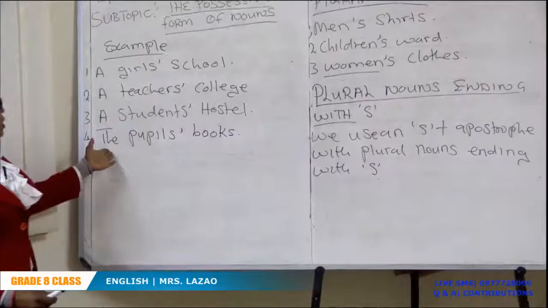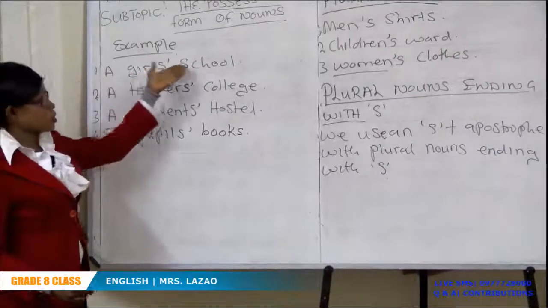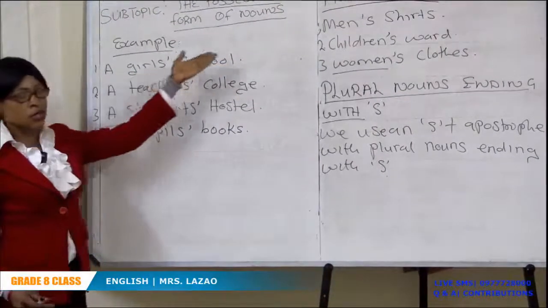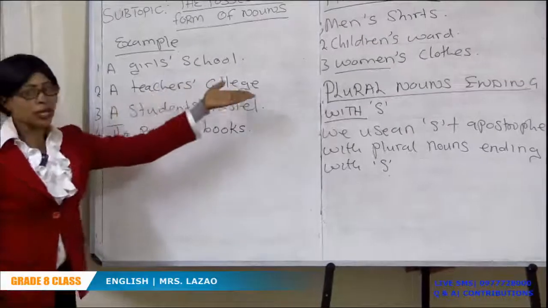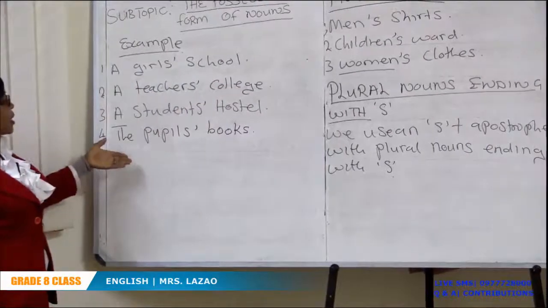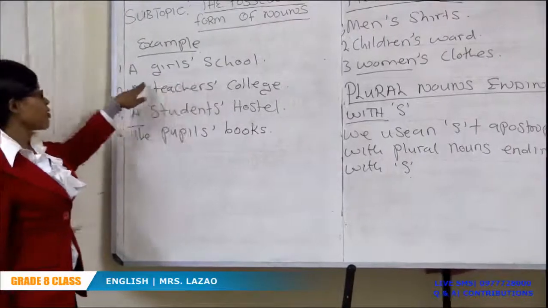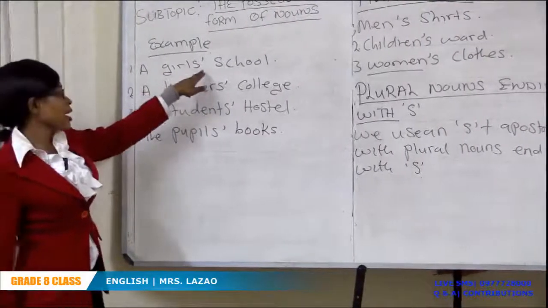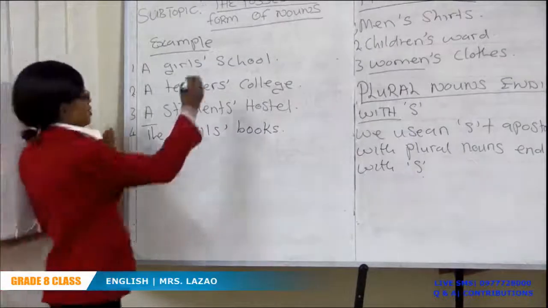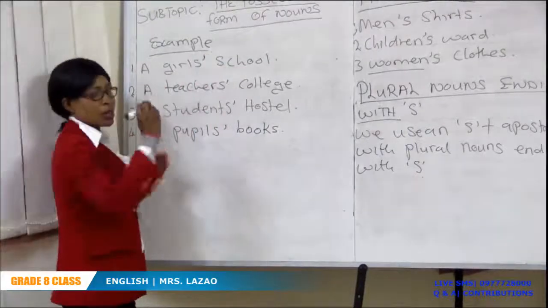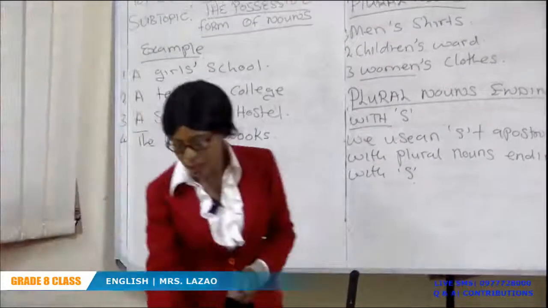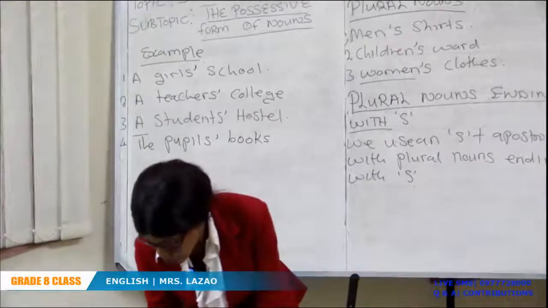I've given examples here: a girls' school, a teacher's college. When we look at these sentences, we have a noun which ends in S, so I'll just put an apostrophe. Let's hope I've answered your question.